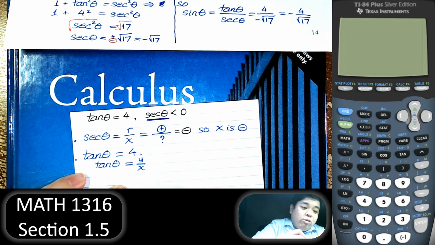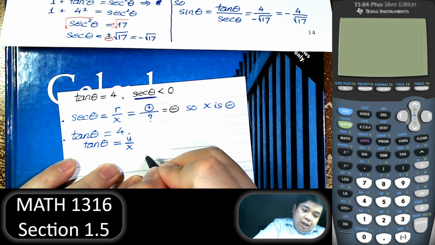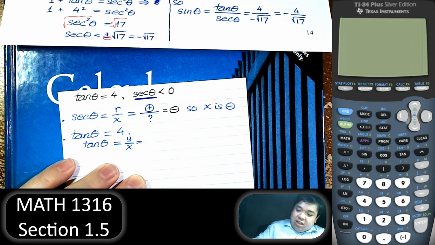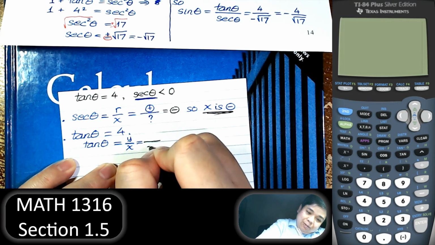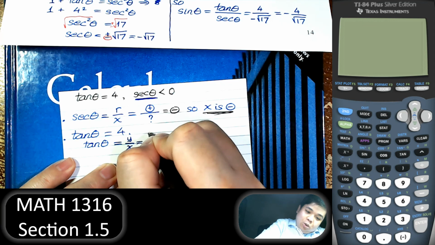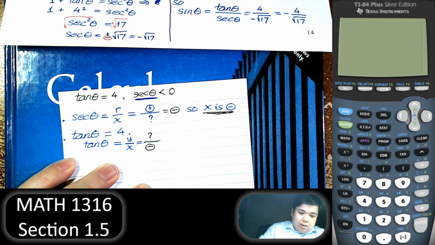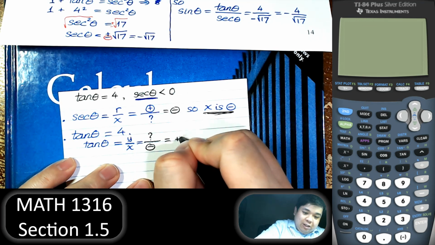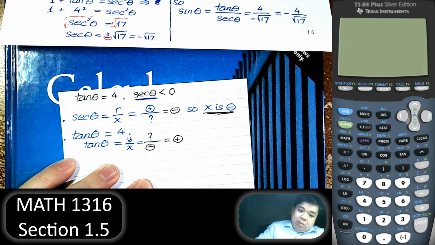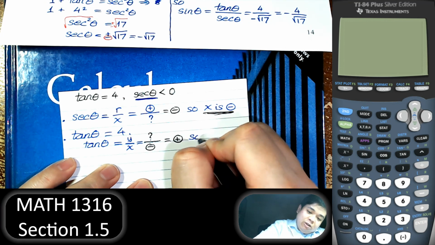Right, y over x. What we know is x is negative. So what is y? Whatever it is, the ratio here has to be 4, which is positive. Because of that, y is negative as well.